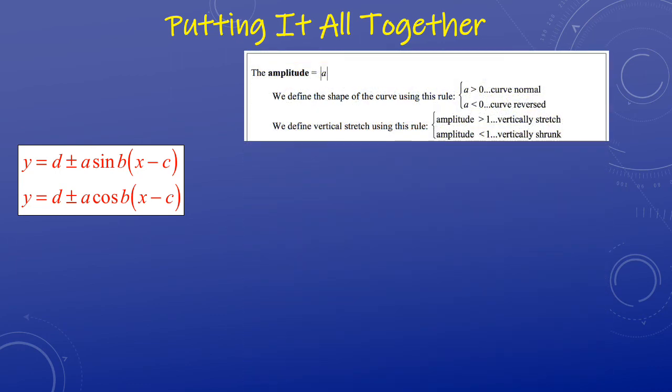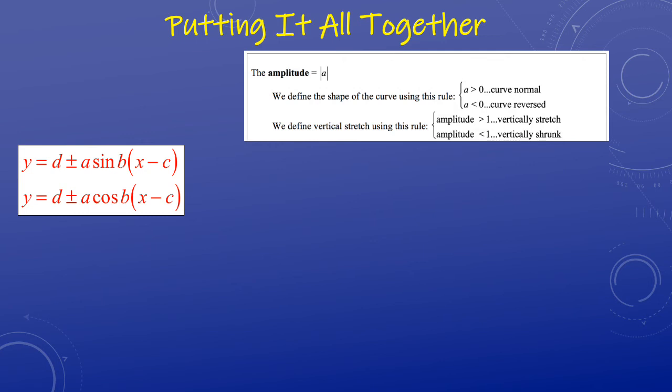We first look at the variable a. The amplitude of the curve, the height of the curve above its axis, is the absolute value of a. We then define the shape of the curve using this rule. If a is positive, we describe the curve as normal, but if a is negative, we describe the curve as reversed.